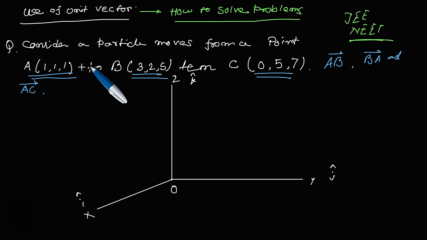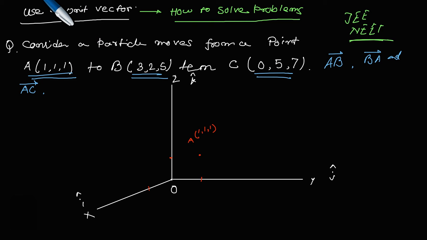So at first we'll point out where A is. Let it be 1, 1, 1. That means it's 1, 1 and 1, so it is somewhere here. Just an approximation, just a schematic diagram only, so you need not worry about the scale.